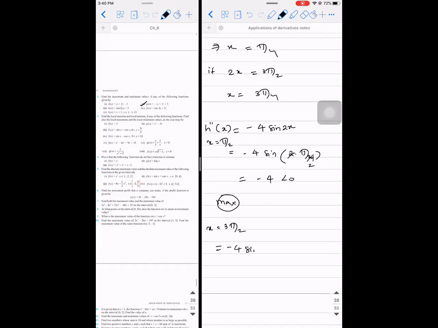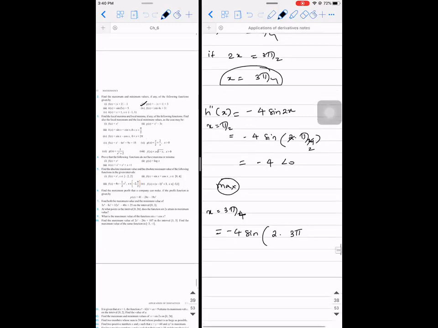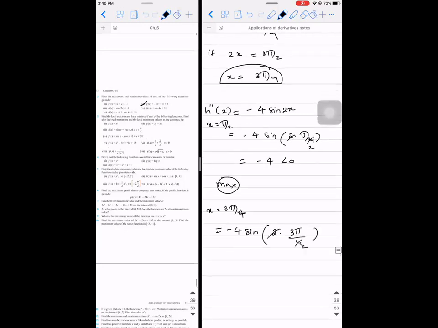Minus 4 into sine of 2 into 3 pi by 4, sine of 3 pi by 2 is minus 1. So you'll get it as 4, which is greater than 0. So this will be the point of minimum, right?